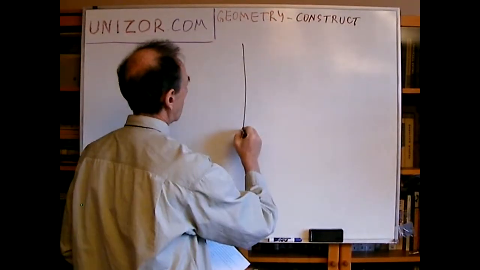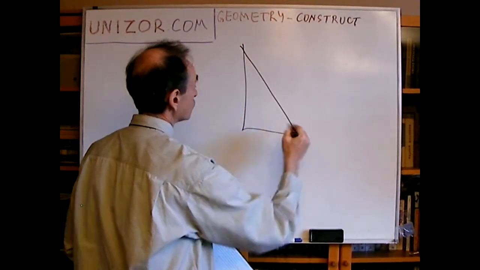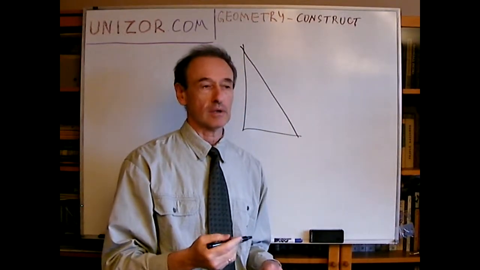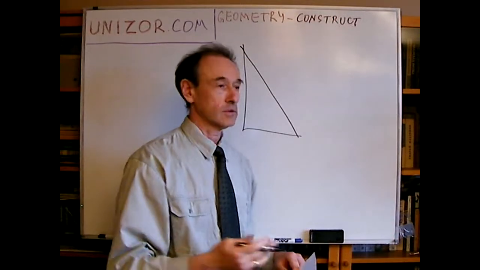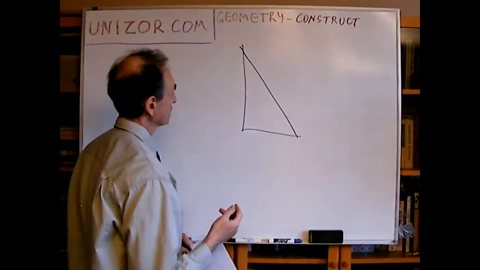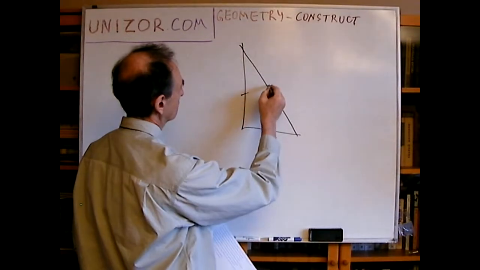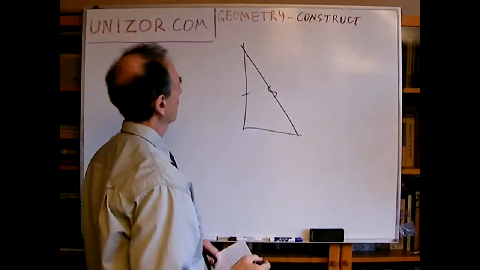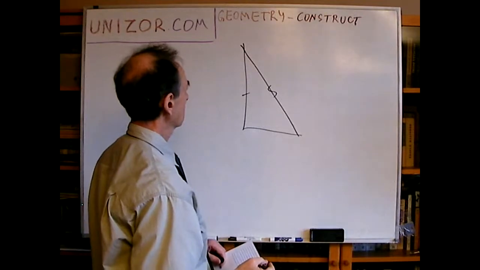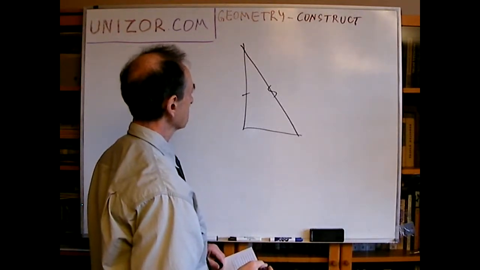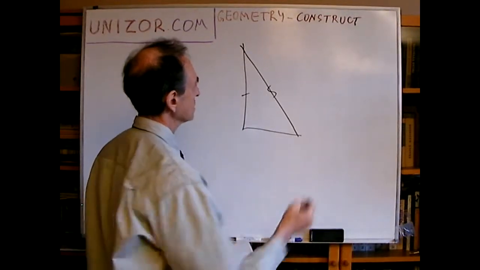Alright, so now we have other two elements. Usually it is sufficient to have two elements in the right triangle, three elements in the regular triangle. So we have one catetus, one leg, and hypotenuse. Okay. How to construct this particular triangle using these two elements? Well, very simple.